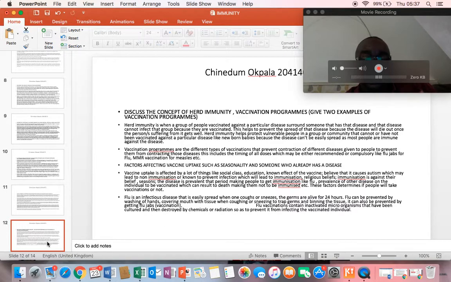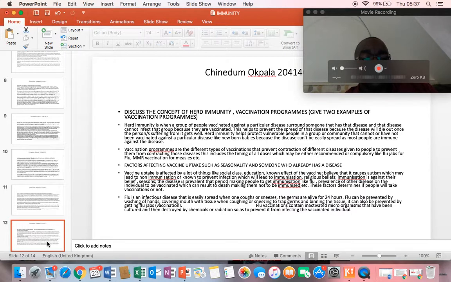Seasons: when the disease is prevalent in that period, people get immunization, like flu. Prevalence of other diseases in the individual to be vaccinated, which can result in death, making them not to be immunized. These factors determine if people will take vaccination or not.